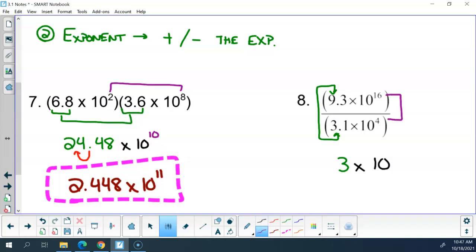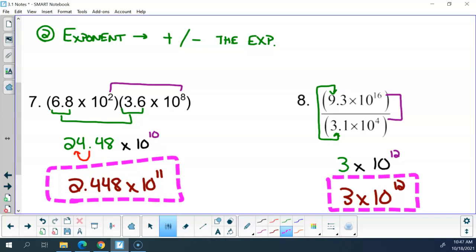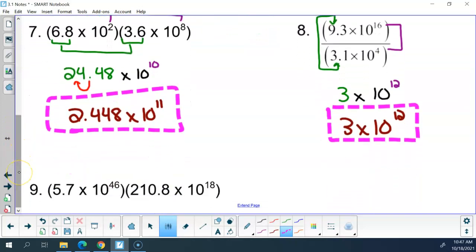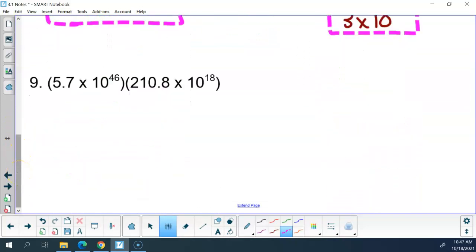Right. Subtract, because that's the exponent rules from before. We subtract top minus bottom. 16 minus 4, 12. So this answer, do I need to adjust it at all? No, sometimes we get lucky and we don't have to adjust it at all. Good? Awesome. I would like you to now try one more on your own.